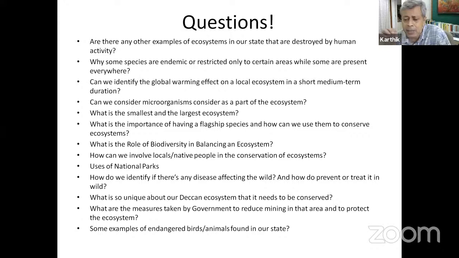But some areas which are reserved forests, still good quality forests, but with some activities like grazing, we can involve the locals to protect that area. I see some 200 to 400 people in this session.